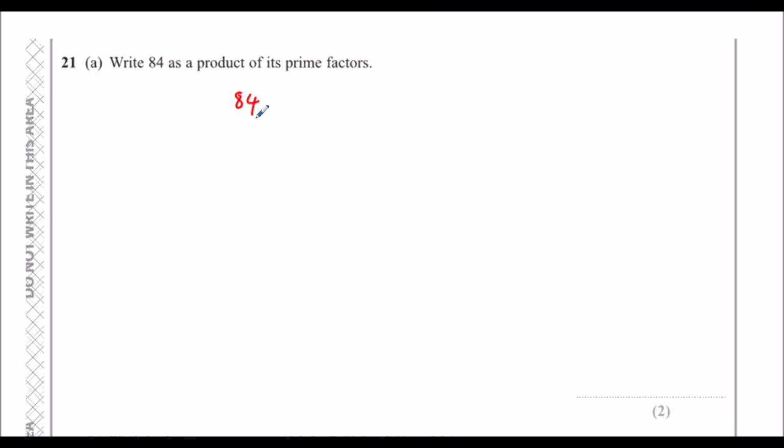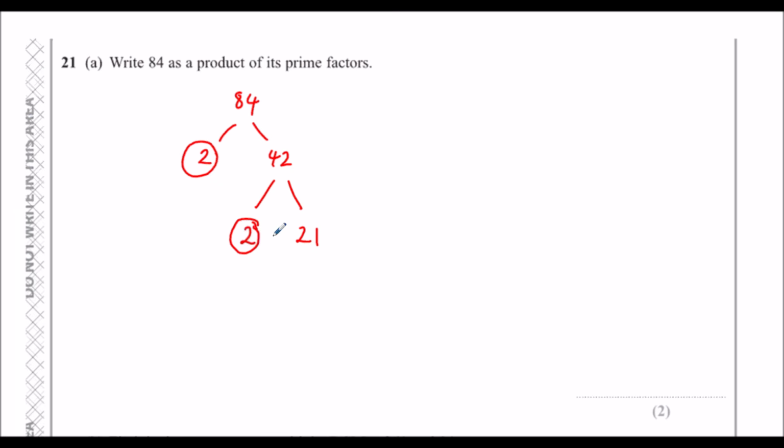So 84, and we're just going to break the number down. We need two things that multiply to make 84. Let's do 2 times 42. 2 is prime, 42 isn't, so we're going to break that down again. 42 is 2 times 21.